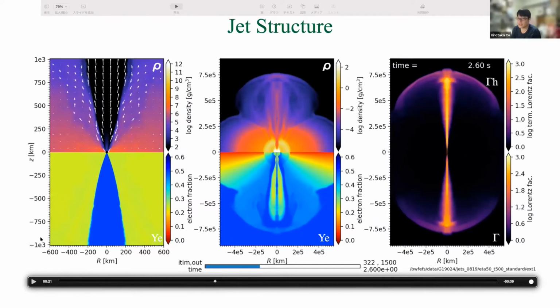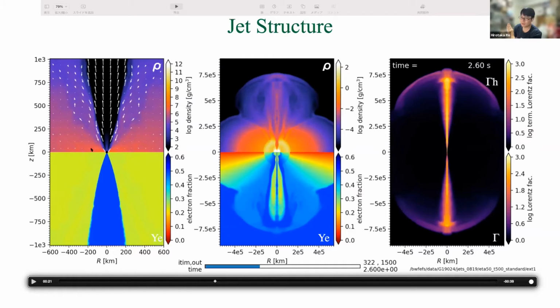Yes, I agree with what you said. After this initial collimation, it will eventually expand, as you said. But this initial interaction is, as far as I understand, setting the initial opening angle of the expansion.